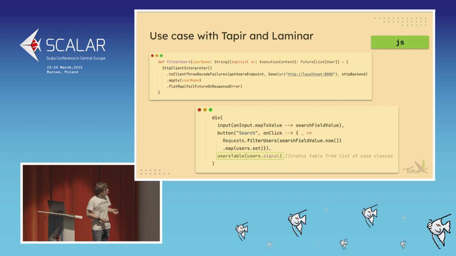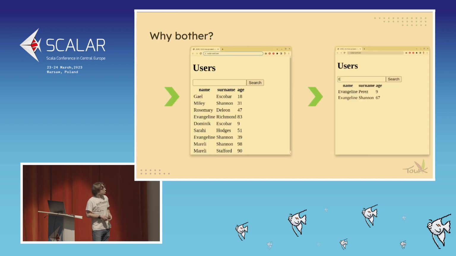This table is created by this method, so we do not have to specifically tell what arguments we have in our user case class. They are going to be taken from that, and also all the values. So, that's a simple example of how it looks with Laminar.